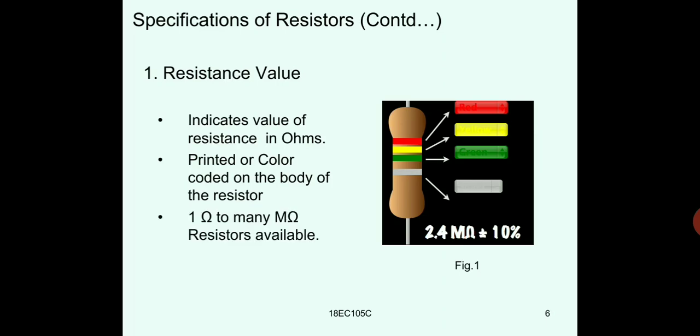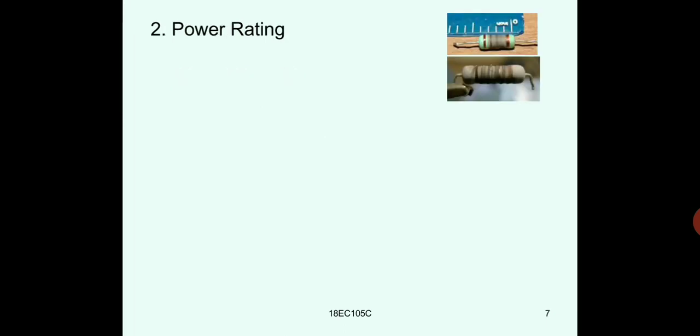Then the general values available are 1 ohm to many mega ohms. So in the figure you can see the color code, and that is amounting to about 2.4 mega ohms, and the tolerance is 10%. That means it is silver color over there.